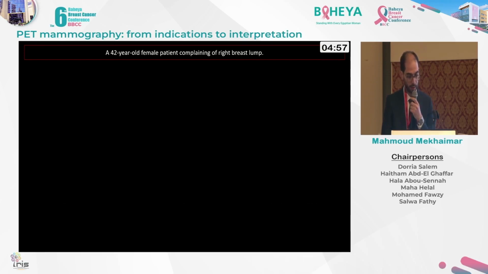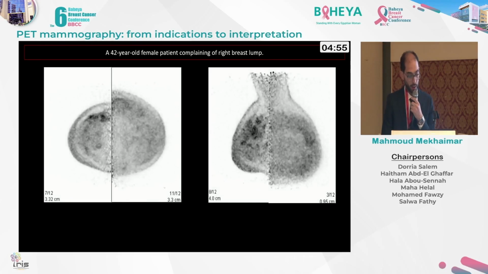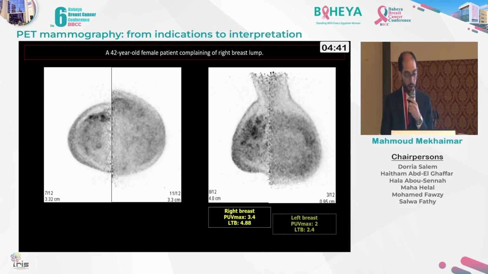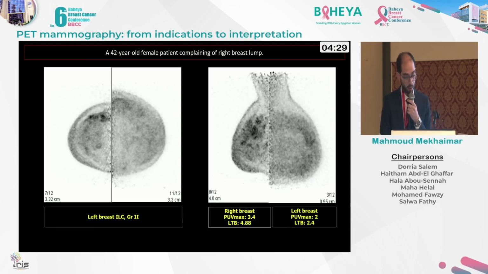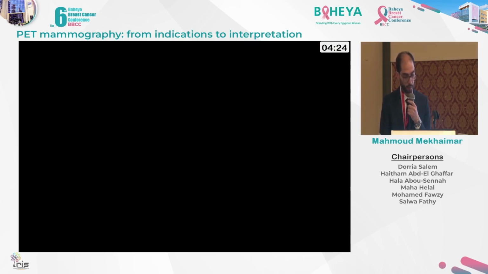BIM was advised and revealed a shrunken right breast occupied by multiple non-circumscribed FDG avid lesions reading SUV max 3.4 and LTB 4.88. Left breast upper outer quadrant small FDG avid nodules reading SUV max 2 and LTB 2.4. Biopsy was done from the left breast upper outer quadrant nodules and revealed invasive lobular carcinoma grade 2.